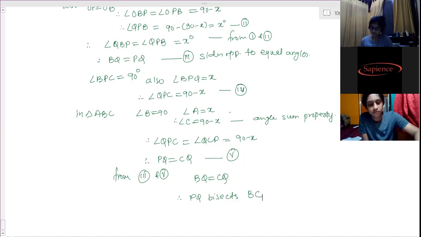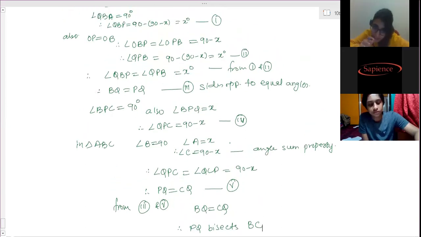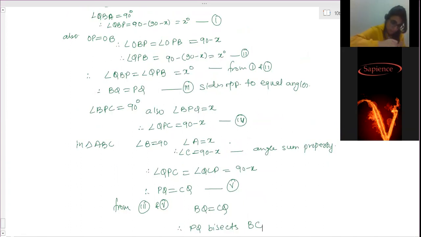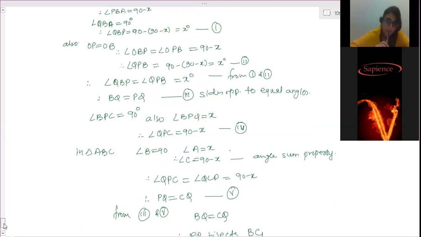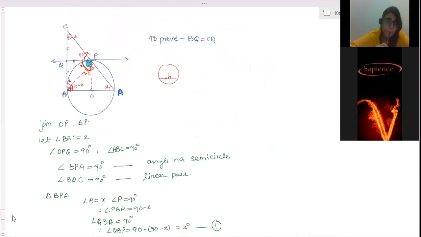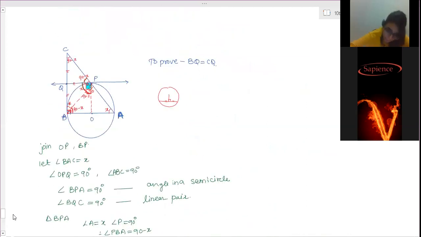Ma'am, can you show the diagram? Ma'am, it'll become too messy in the diagram if we mention 90 minus x and all. Is it okay if we don't mention it? Then how will you get to know? We'll make a rough diagram, but in the real diagram, no need. In the exam you have to show it if it comes.